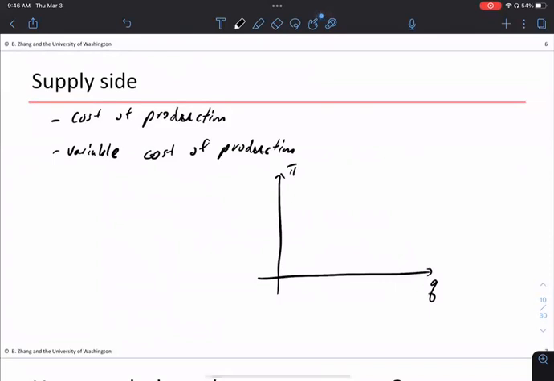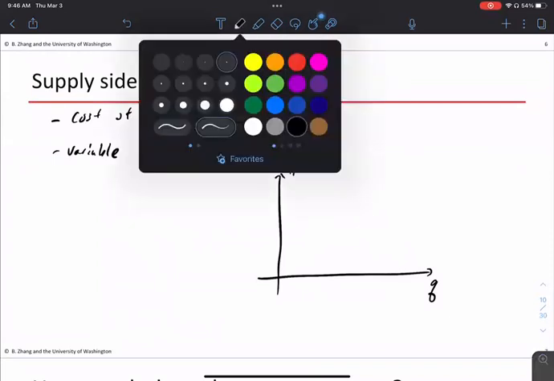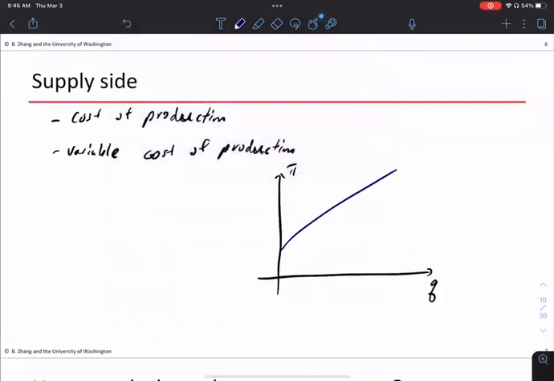It relates the amount of things you can produce to the cost, or to the price at which you can produce them. So this curve now is pointing monotonically up. Okay, so this is the way we're going to think about this.